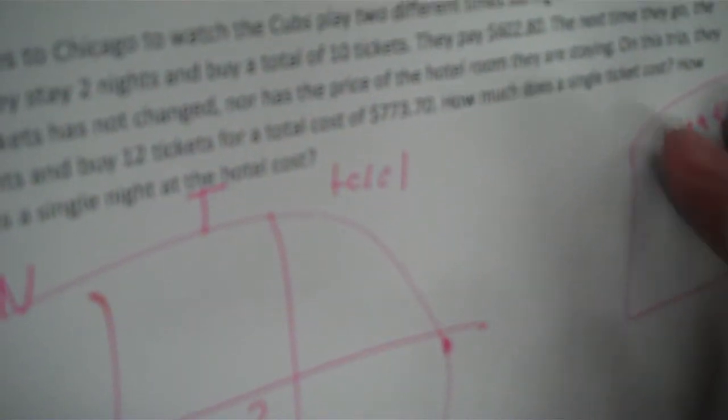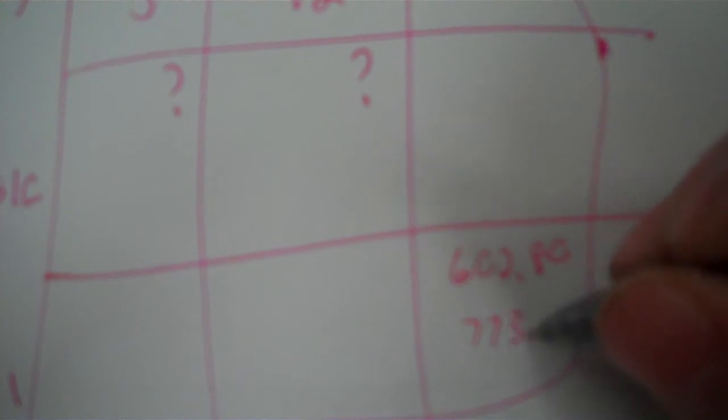Do you know how much a night cost? Nope. You don't know a ticket. How many nights you got? 2 and then 3. How many tickets you got? 10 and then 12. Then you got to have 2 totals, and you do 602.80 and 773.70. So that's X, that's Y.